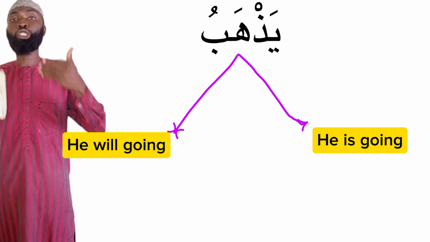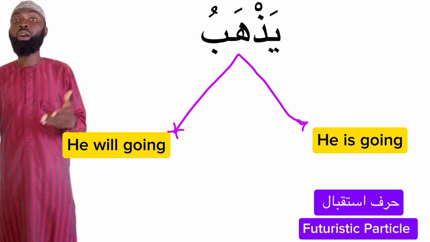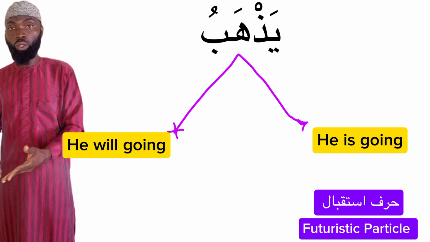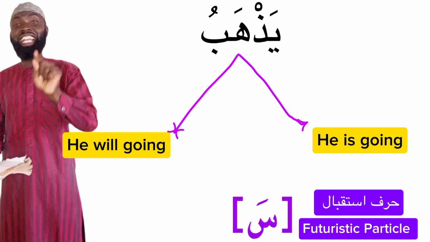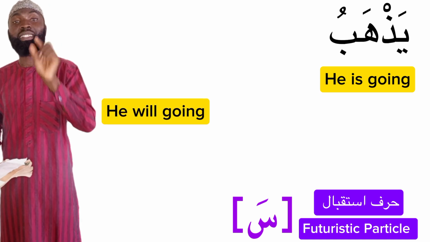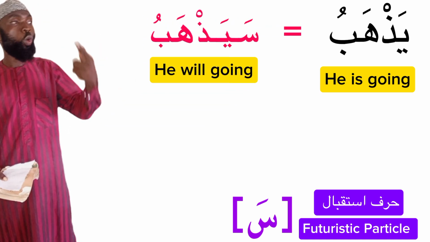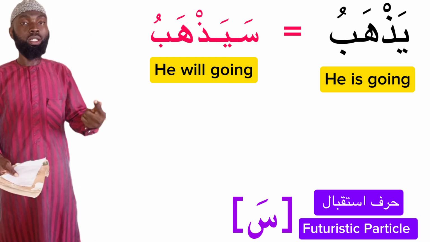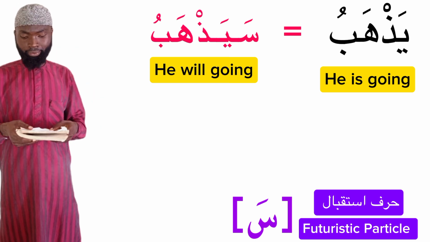But to make it more futuristic, you will simply add the futuristic particle, which we call the harfu istiqbalin. This particle is sa, sin fatha sa. So when you add it to a present tense verb, it becomes like sayadhhabu, he will go. Sayakulu, he will eat. Sayarji'u, he will return. So this particle is called a futuristic particle.